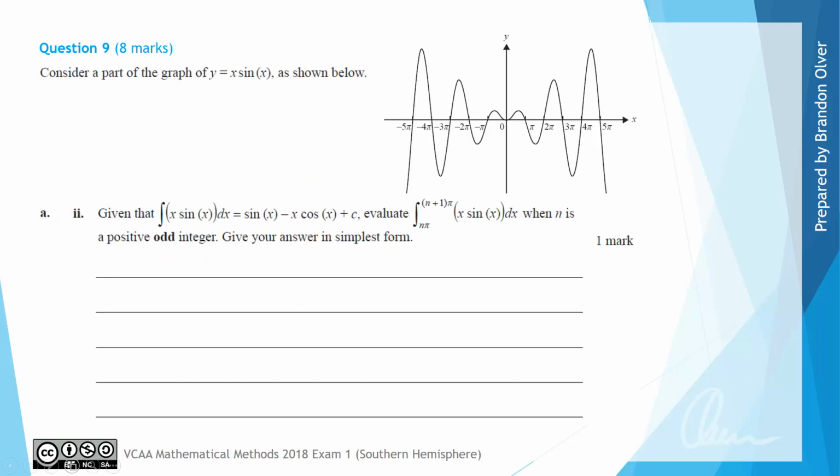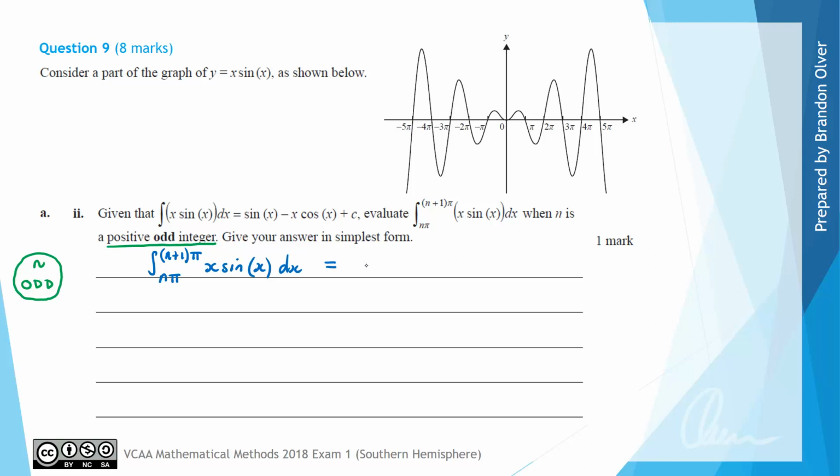For part 2 of part A, we're going to evaluate the same integral, but this time when n is a positive odd integer. So just to summarise that, we know n is odd for this question. So this one I'll go through a little bit quicker, but it follows exactly the same pattern as the first question. So we're going to have the integral between n pi and n plus 1 pi of x sine of x dx.